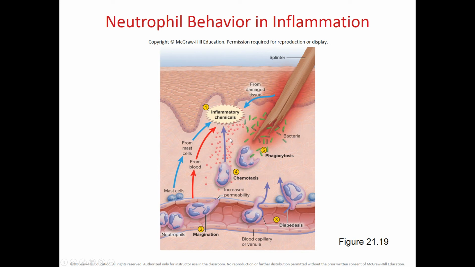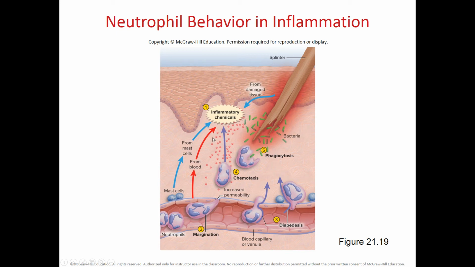These cytokines will send a signal to the neutrophils located within this capillary in the dermis to slow down their rate of flow and start marginating to the wall of this capillary. This is the process of margination. And then your endothelial cells will open up, they will produce these gaps, and then you have migration, or emigration, or diapedesis.